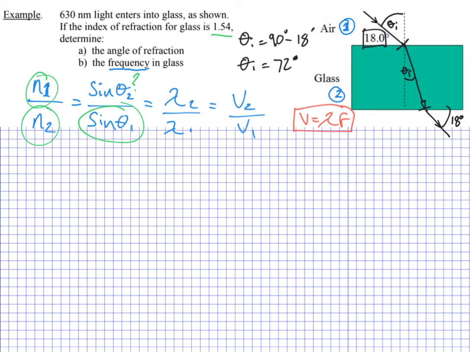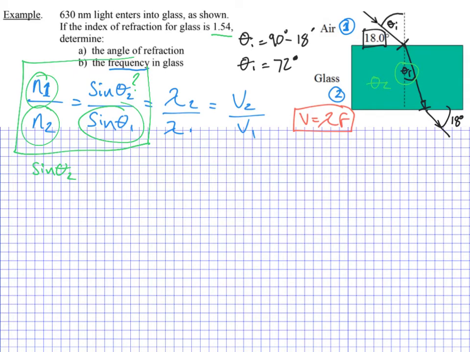Okay, so clearly this first bit should be straightforward. I'm just using this part of the equation, and let's plug in those numbers. We'll rearrange it to solve for sine theta 2, which is going to be this one here, the angle 2.